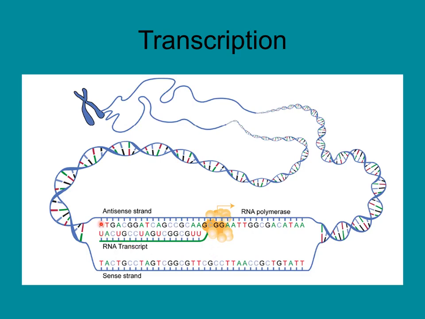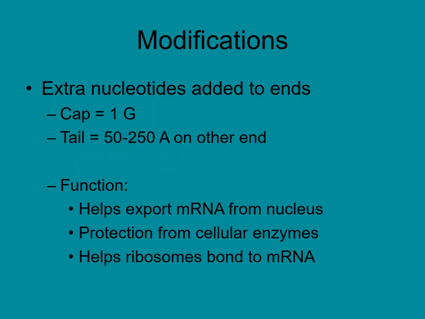So you're using this template, and notice how it's putting in the complementary base pairing. The green here is your new messenger RNA, or mRNA. Your RNA polymerase bound initially to the promoter site. It's reading along, and it will continue until it reaches a stop area, and then it will terminate.